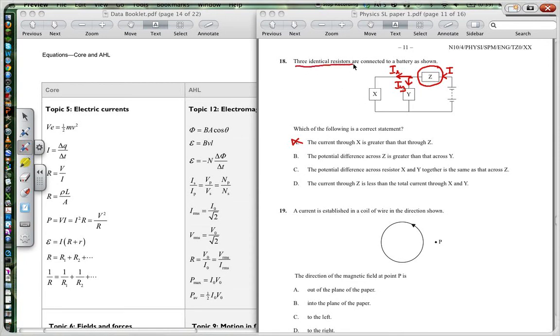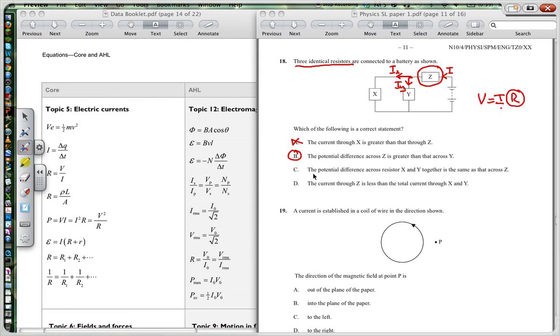Okay, so that's very important to see. So because V is equal to I times R, and each one of these is identical, and because I going through Z is greater than through these two, this will be true.